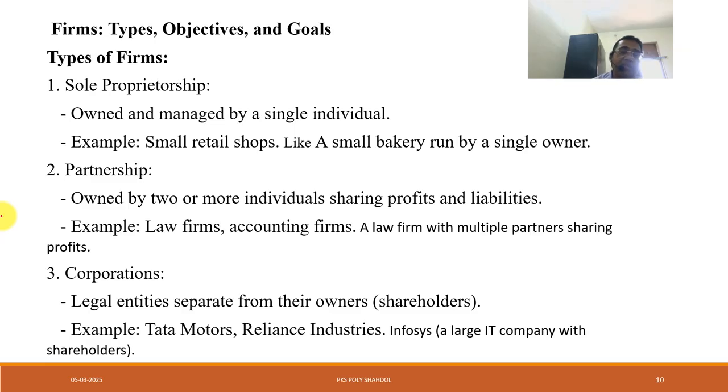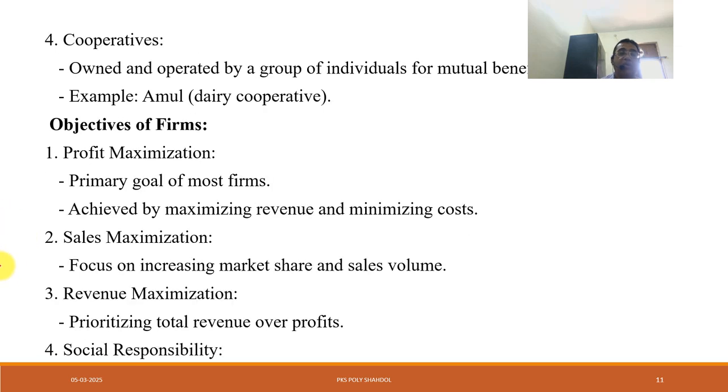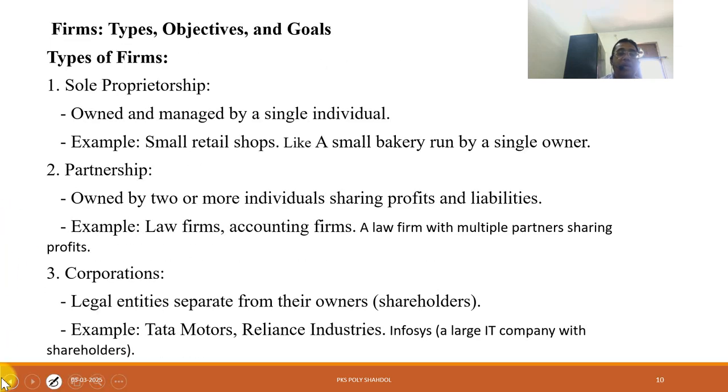Corporation means a legal entity separate from its owners, where a group is involved and the public also contributes; these are the shareholders and stakeholders. This is the formation of a corporation.